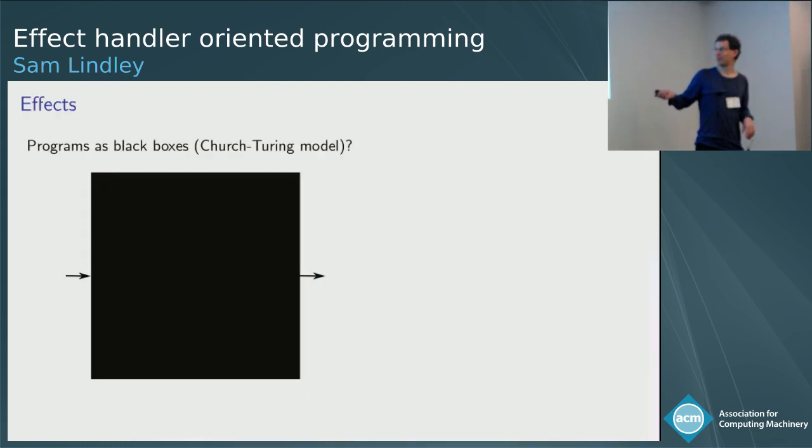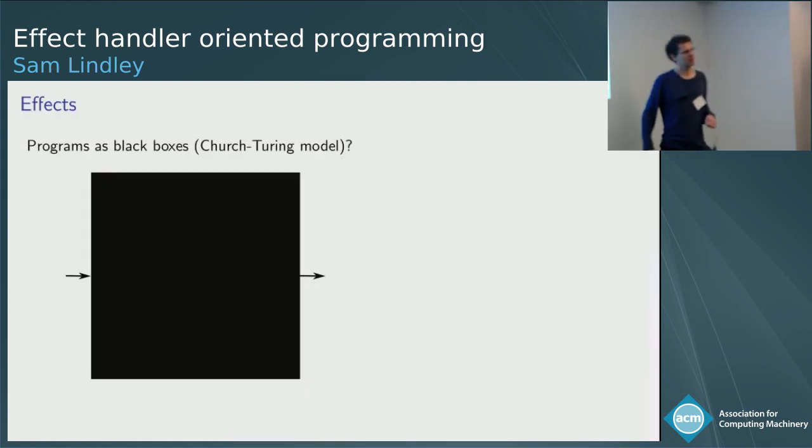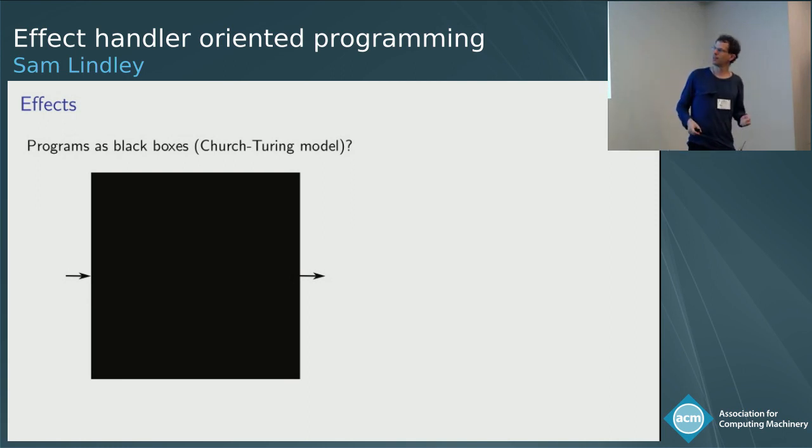Effect handler oriented programming. So, as theorists or as functional programmers, there's a nice idealized view of computation where we just view a program as a black box. It just takes inputs to outputs. And that has all kinds of advantages for reasoning. You know that some things can't just change underneath you.